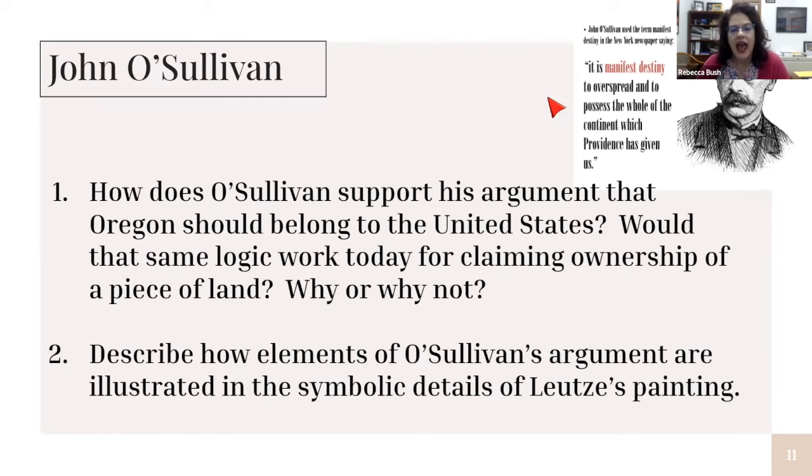But again, answering those questions about that document for question 1, and then for question 2, really describing how some of the elements of his argument about manifest destiny, about adding Oregon territory to the United States, compare with a painting by Emmanuel Lutz.